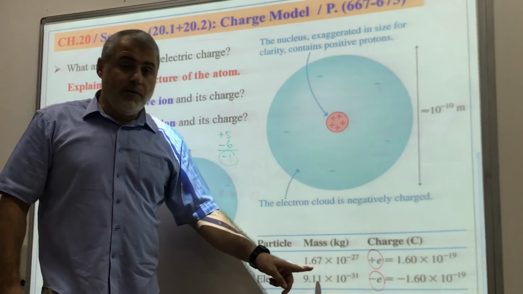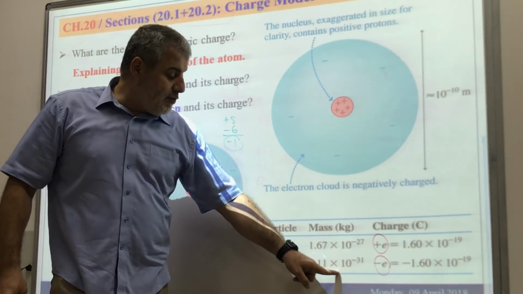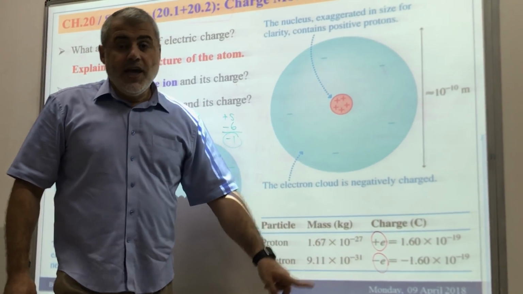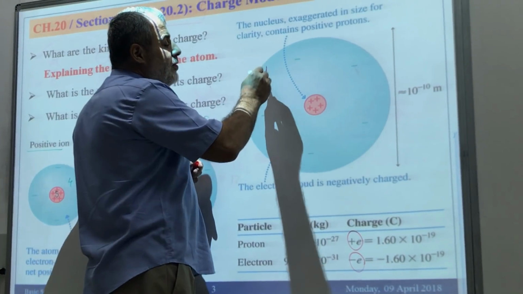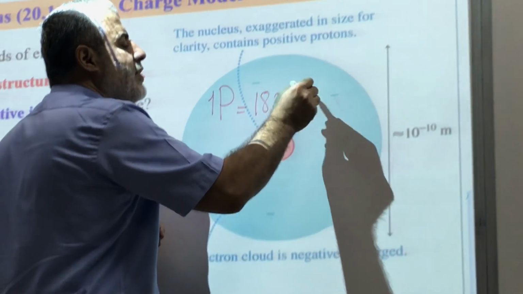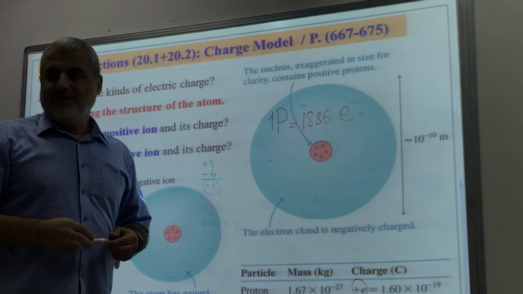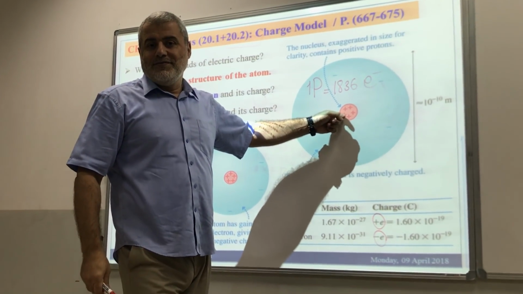Simply, the mass of the proton is in the range of 10 to the power negative 27, and this one, 10 to the power negative 31. If you divide this by this, you find that one proton has a mass of 1836 electron masses. So the proton compared to the electron is really massive.